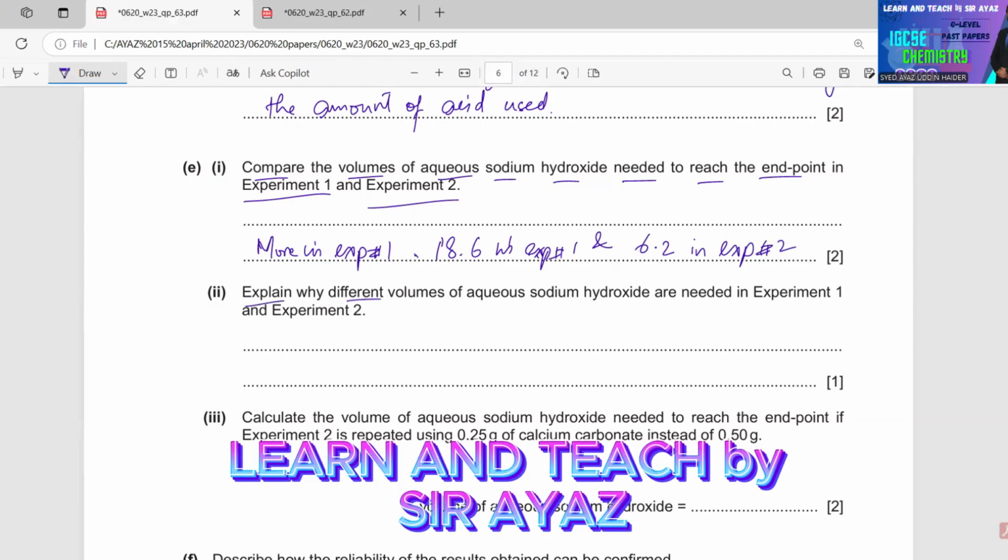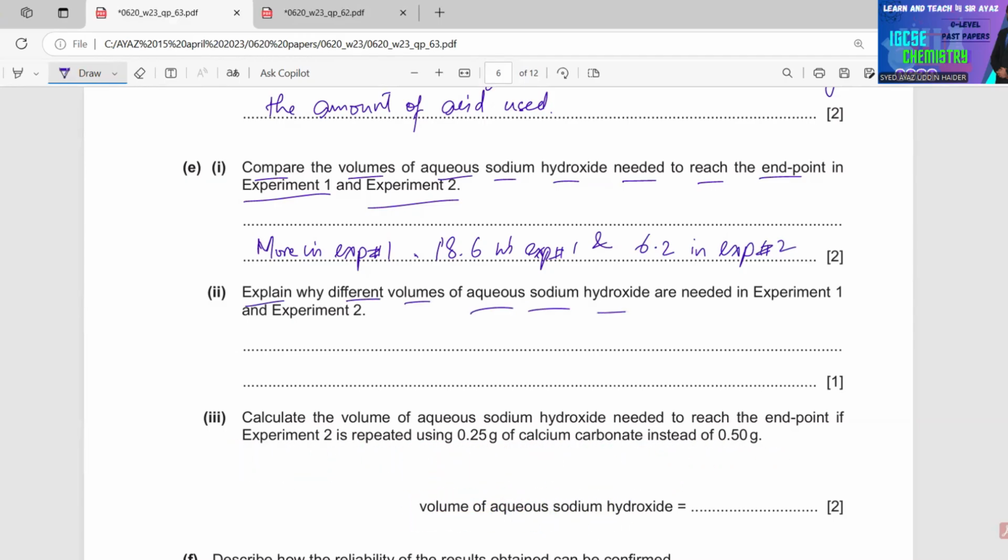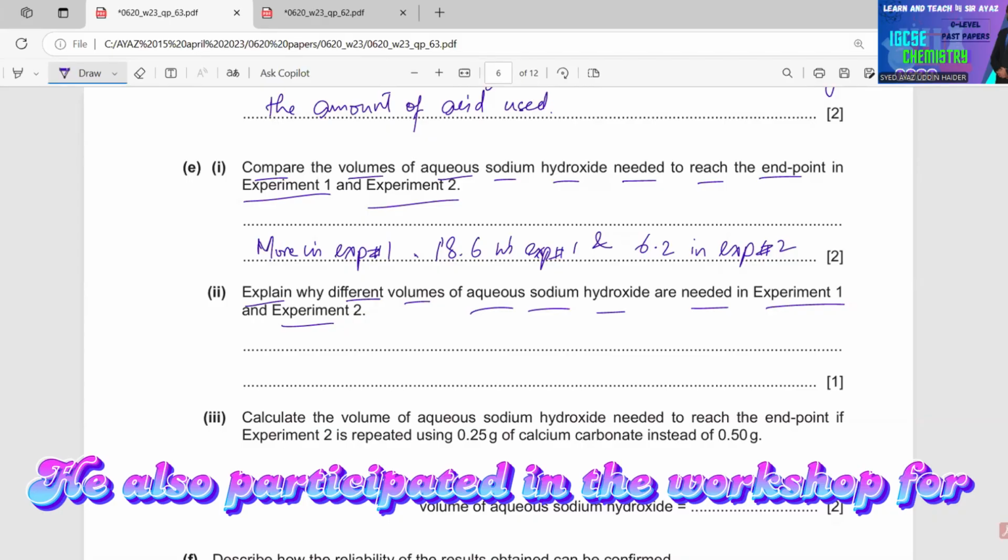Part 2, explain why different volumes of aqueous sodium hydroxide are needed in experiment 1 and experiment 2. The reason is that in experiment 2, hydrochloric acid is first reacted with calcium carbonate.